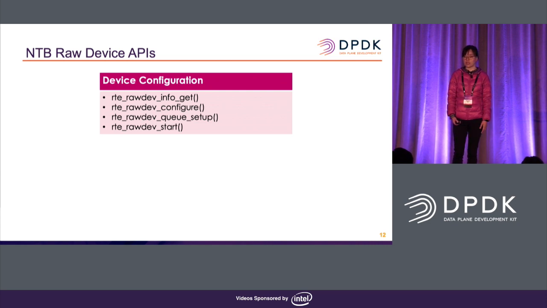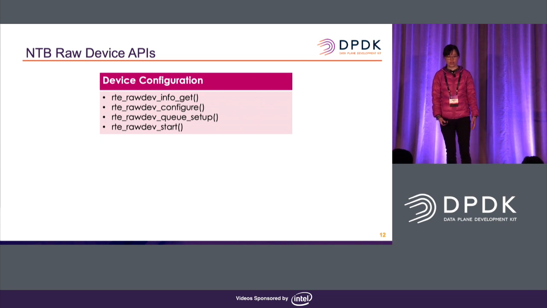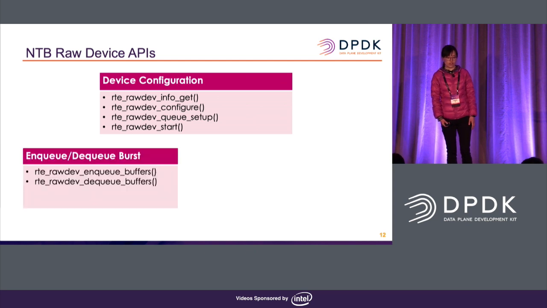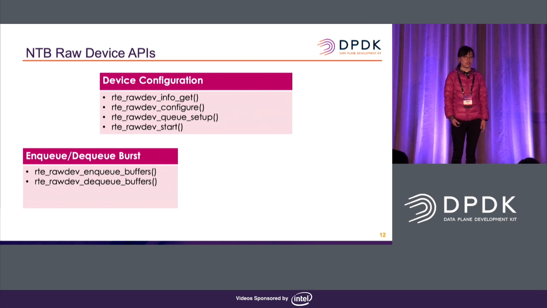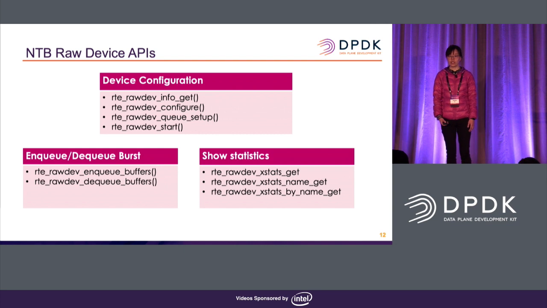This is similar to other kinds of devices: get the device info, then configure it, then set up queues, and then start. After that, we can call the enqueue and dequeue functions to receive and transmit packets. Meanwhile, stats functions are also provided to show the hardware statistics, such as how many packets are received and how many packets are sent.